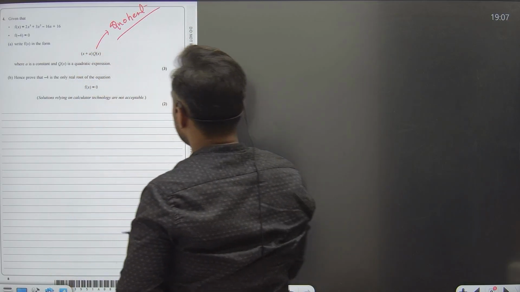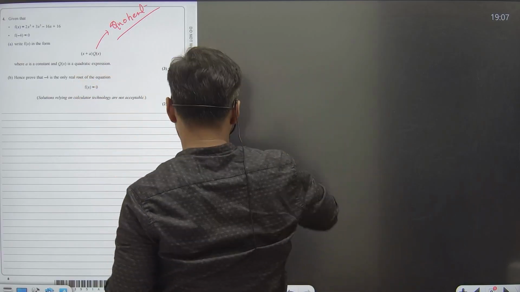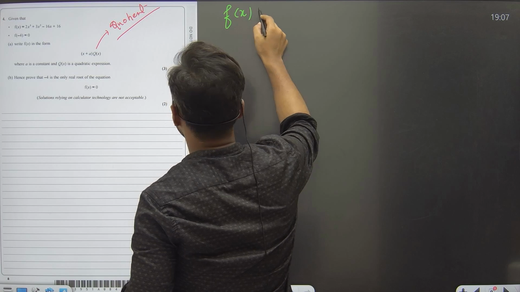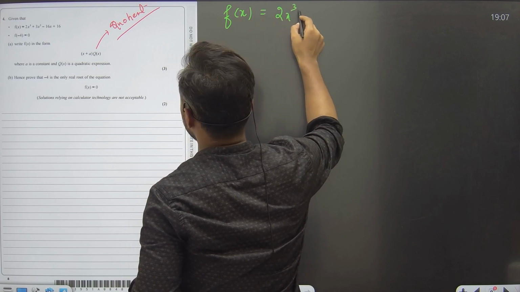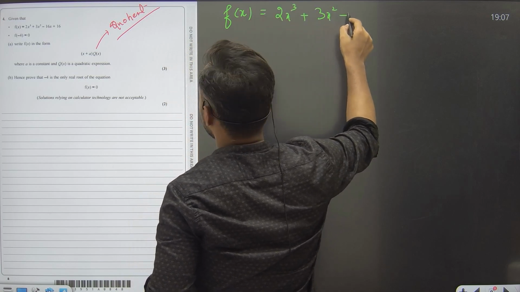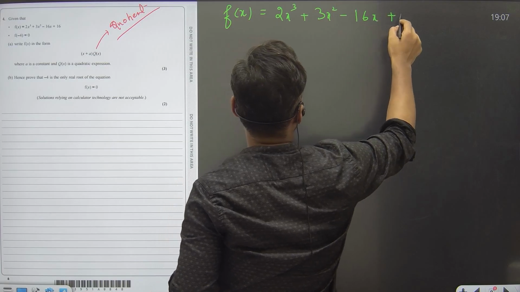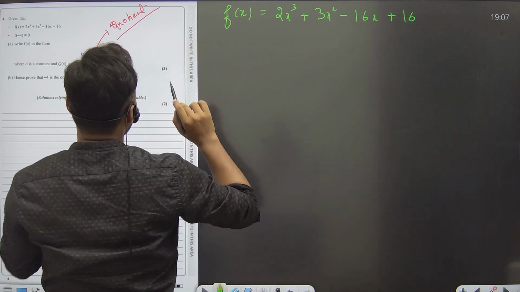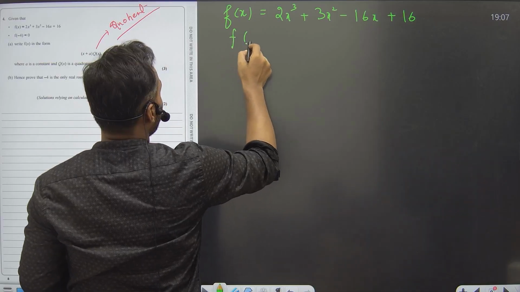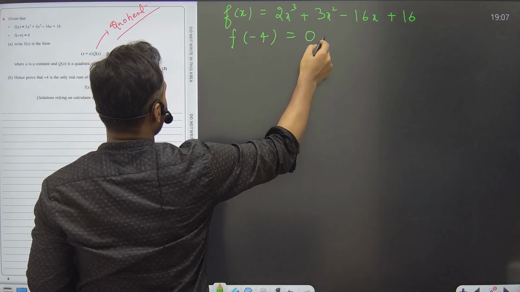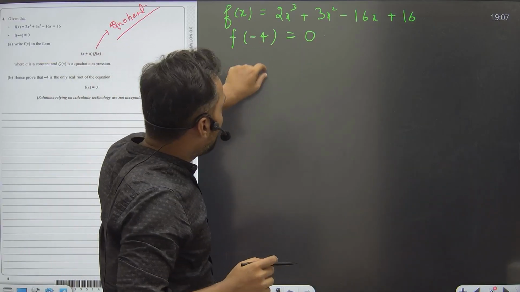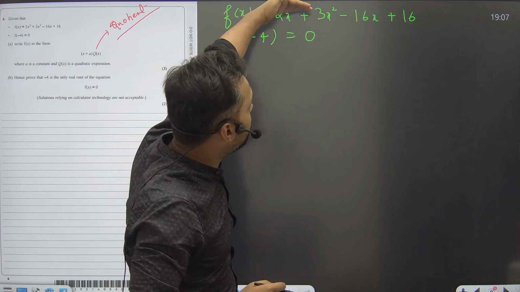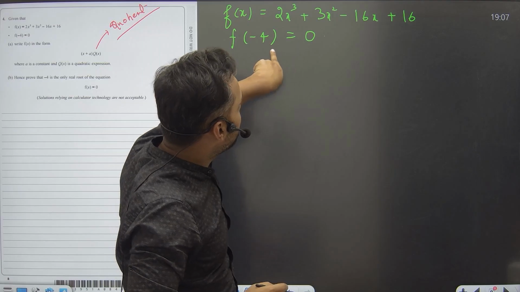Okay, quotient. So now see, the function here is, students, 2x cube plus 3x square minus 16x plus 16. In the second point they have written that f(-4) is equal to 0. Means on plugging the value x equals negative 4 in this equation, we are getting the value as 0.